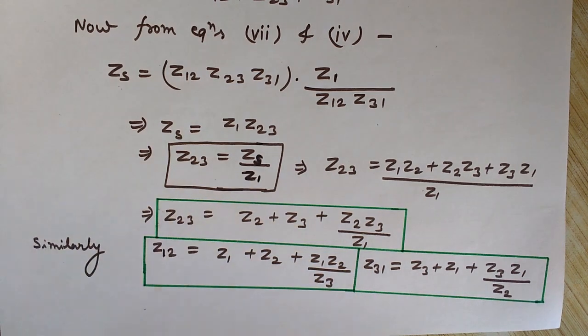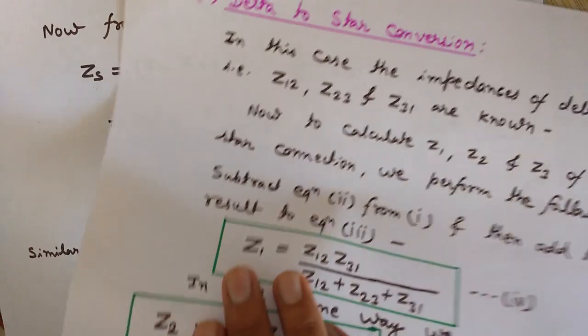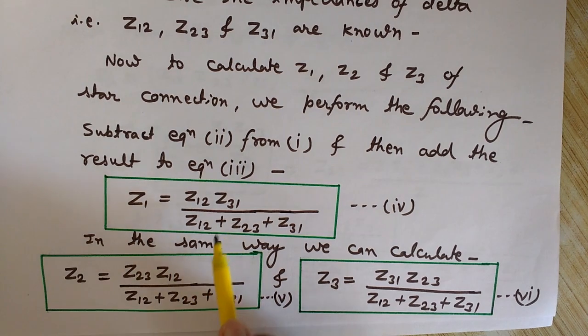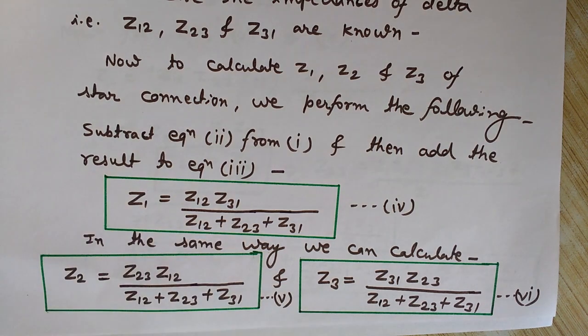Initially we have also seen these three equations to calculate the elements of a star or Y network. So these are the three important formulas, Z1, Z2, Z3, for the delta to star conversion. And that was for star to delta conversion.